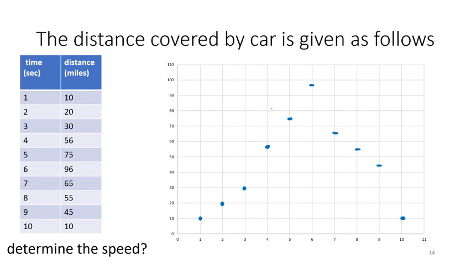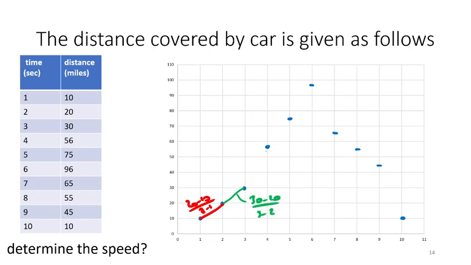But in this case, if you calculate the velocity, as you can see, the velocity changes in each section. So let me do it for you. For this part, velocity is 20 minus 10 divided by 2 minus 1. At the second part here, it is 30 minus 20 divided by 3 minus 2.